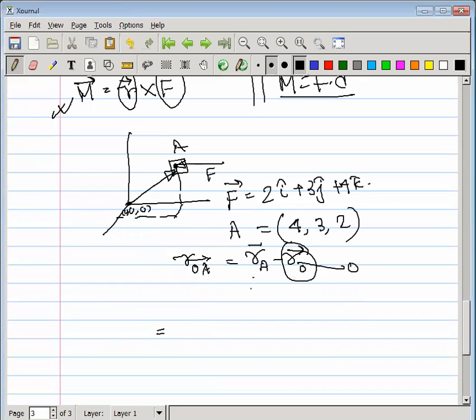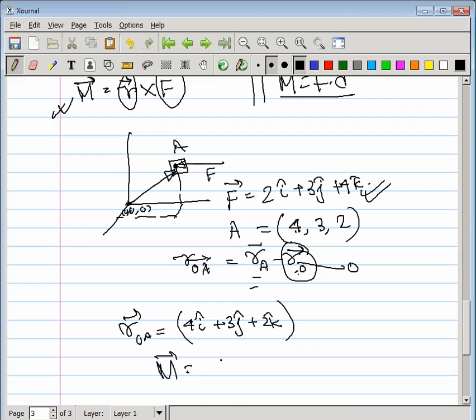So r of A, you know this is the position, so you can write 4i plus 3j plus 2k. This is the position vector r of A, because O is the 0 0 0 coordinate. And the force is given like this.